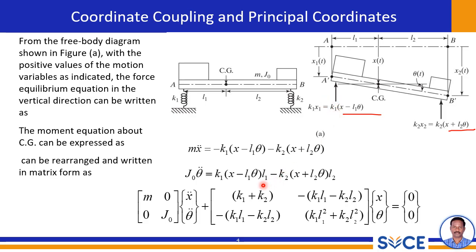This coupling makes the analysis more complex. Hence, we have to go for principal coordinates. By transforming these coordinates, we can find a new set of coordinates where the equations of motion are totally uncoupled. That means the linear displacement equations are separated from the rotational displacement equations.